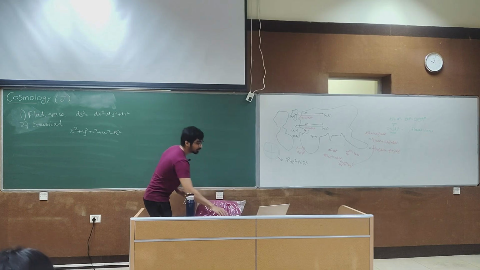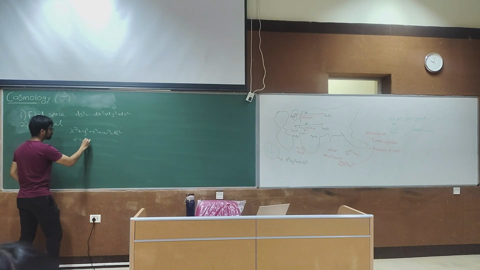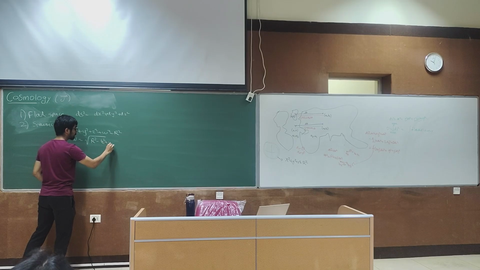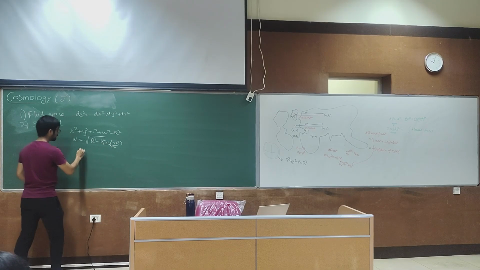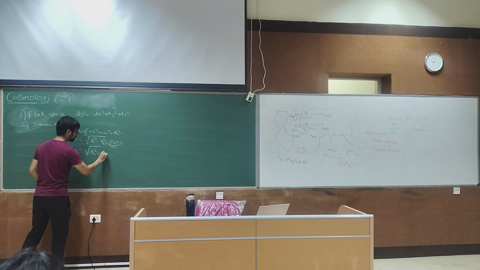Yeah, w would be equal to square root of r squared minus x squared plus y squared plus z squared, and if we call this r squared, then w would be r squared minus r squared.